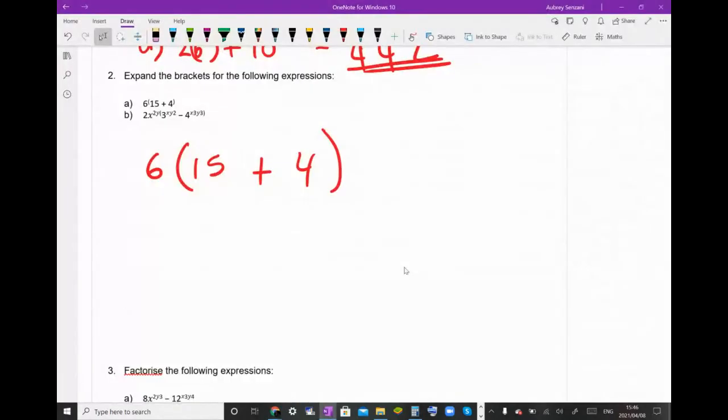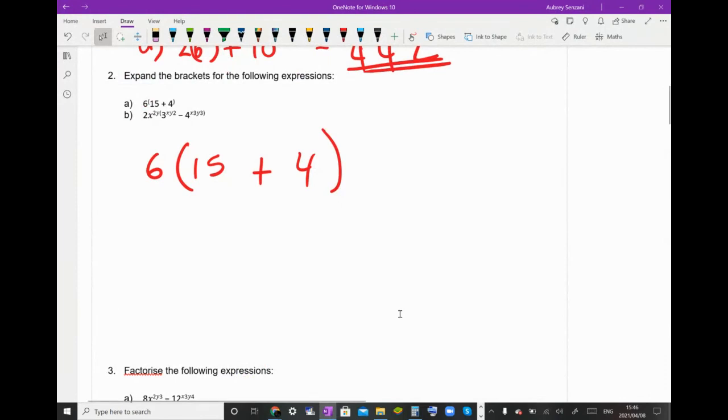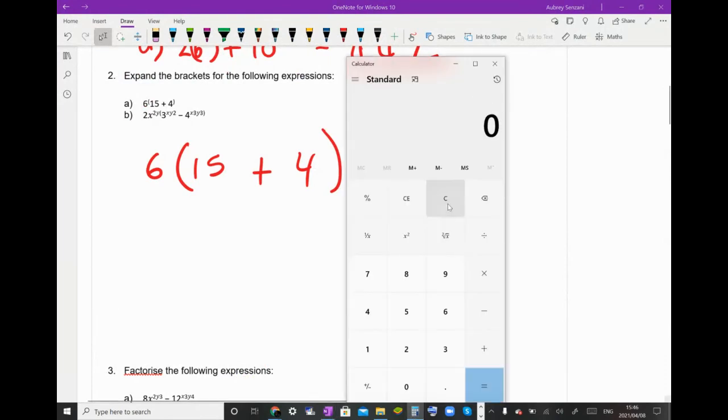Let's see. We are saying 6 times 15 plus 6 times 4, 100%. Okay, let's quickly check to see if your logic is 100%. 6 times 15. This calculator doesn't like me.